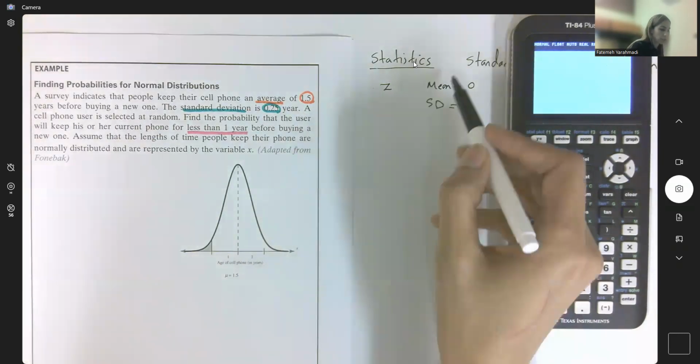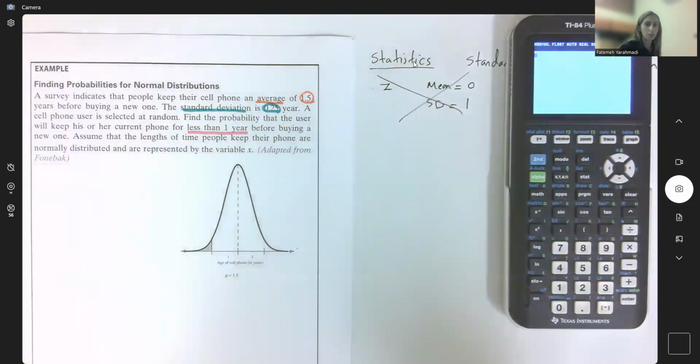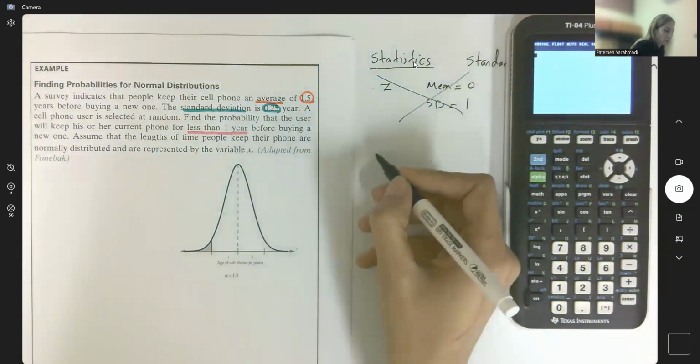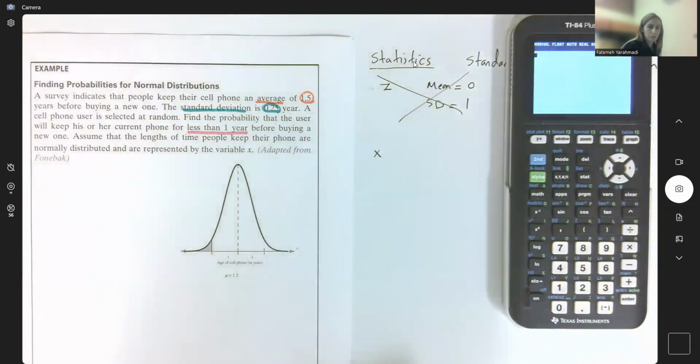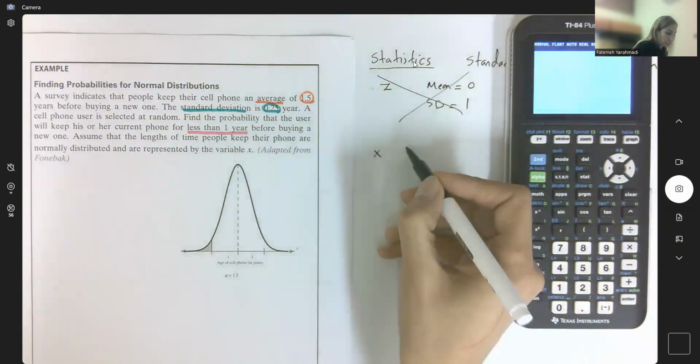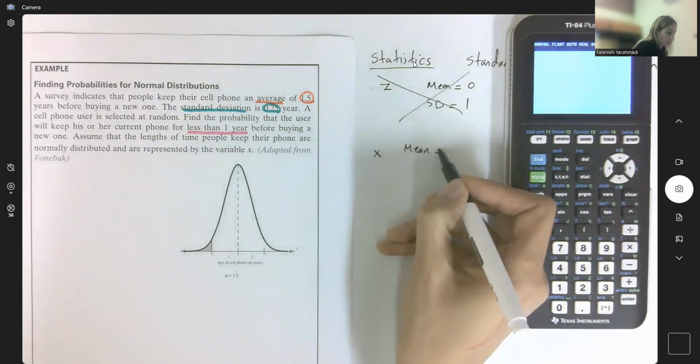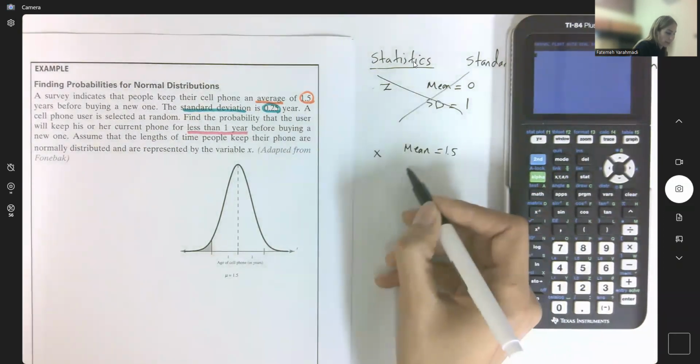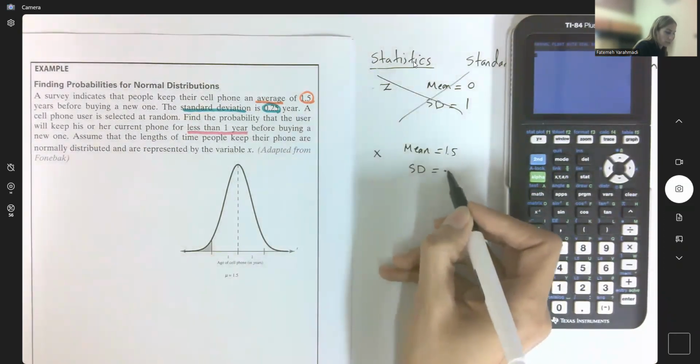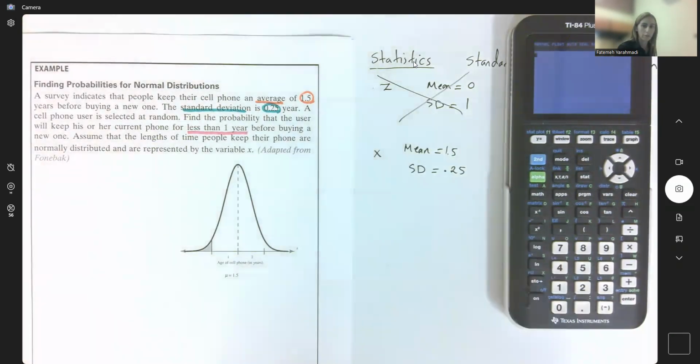The mean of the data is 1.5 and the standard deviation is 0.25. They are not the same. So you have your X values. The mean is 1.5 and the standard deviation is 0.25. Very good. A good lower bound and a good upper bound based off of the information that you have here.